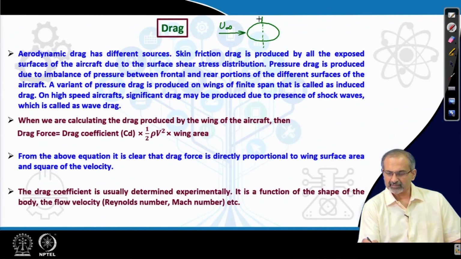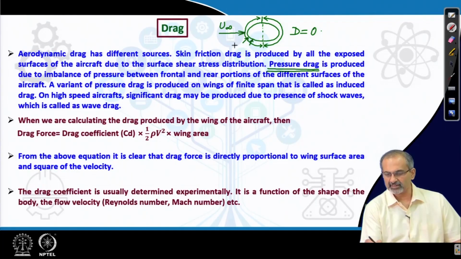If you look at the pressure distribution on the front half of the body and what it is in the rear part of the body, if the pressure distributions are identical, then there is no drag as far as the pressure drag is concerned. So, we are saying this based on the pressure distribution on the body.